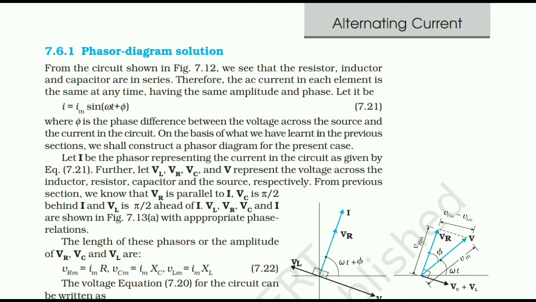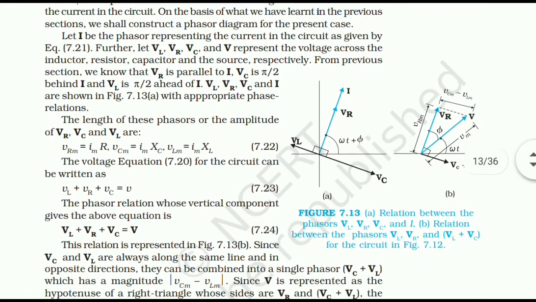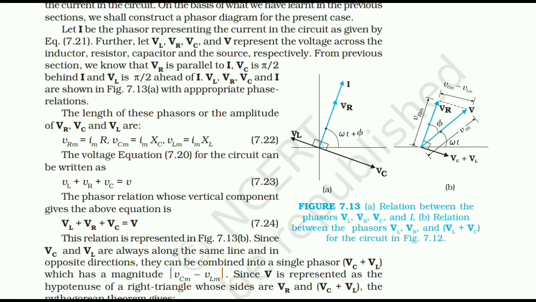From the previous section, we know that VR is parallel to I, VC is pi by 2 behind I and VL is pi by 2 ahead of I. VL, VR, VC and I are shown in figure 7.13a with appropriate phase relations. The lengths of these phasors, or amplitudes of VR, VC and VL, are VRM equals IMR, VCM equals IMXC, VLM equals IMXL.